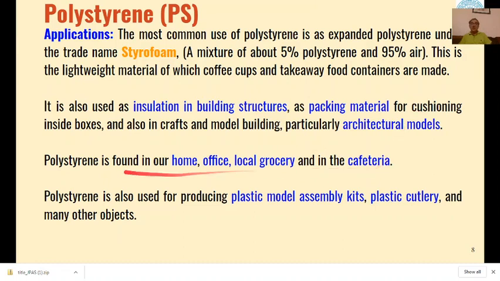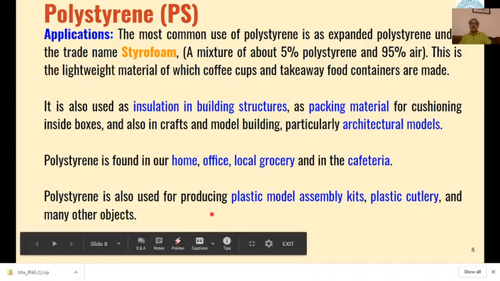So, as you have seen, polystyrene is used in our home, office, local grocery shops, cafeteria, everywhere. Then this is also used in plastic model assembly kits, plastic cutlery, and many other objects. They are made from polystyrene.